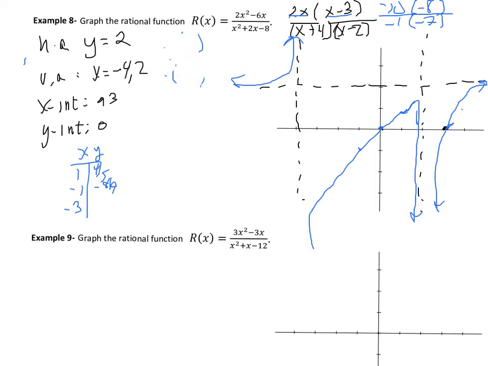I'm going to need some calculator help here, people. So 2 times 1.5 is 3. 1.5 minus 3 is negative 1.5. Over 1.5 plus 4 is 5.5.